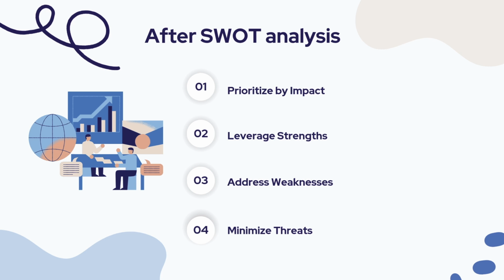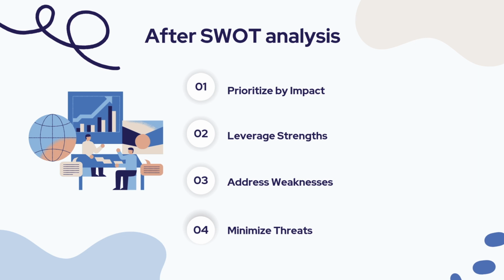So what should you do after the SWOT analysis? After it, you have to prioritize by impact. You have to see which one influences your business more, and you have to increase or decrease it.